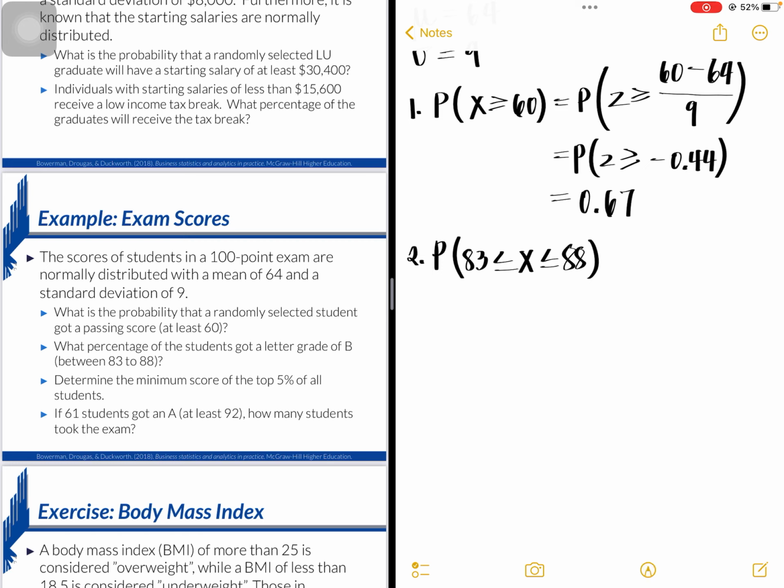So we have x greater than or equal to 83 but less than or equal to 88. So here we will just convert two values of x to z simultaneously.